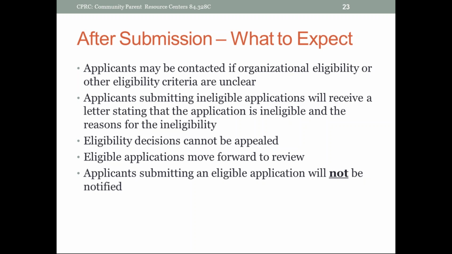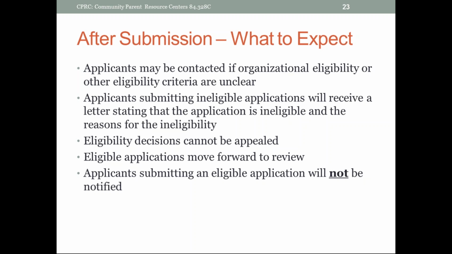You will not necessarily hear a lot from us. What we will do at OSEP before we send it over to be reviewed by the reviewers, who are not employed by the government but who are experts in the field, is look to make sure that your organization is eligible for the application, as well as that you met all the other criteria in terms of the budget and the page limit.